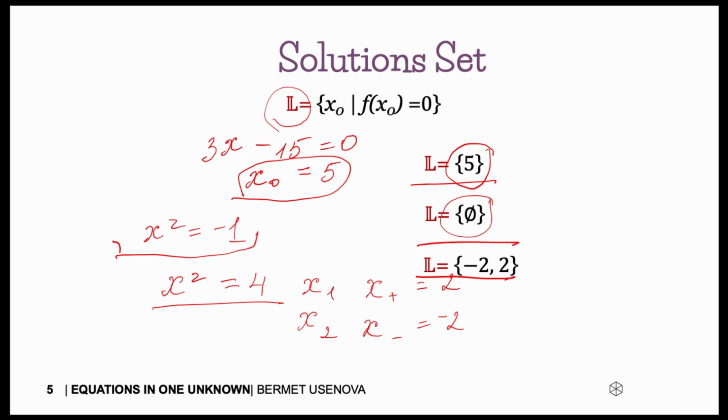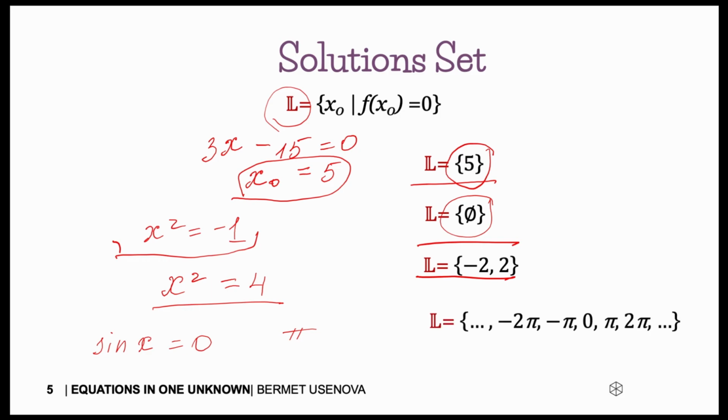So there are also different types of equations. For example, sine x equals 0. And this equation will have infinitely many solutions, namely all integer multiples of pi. So the solution set will have an infinite number of solutions, and we can write it like this.